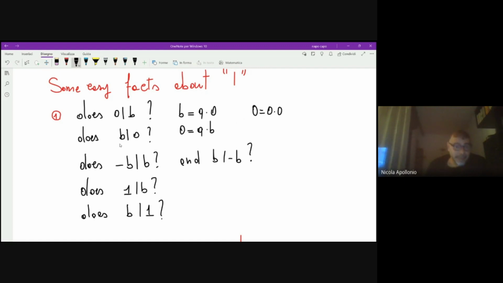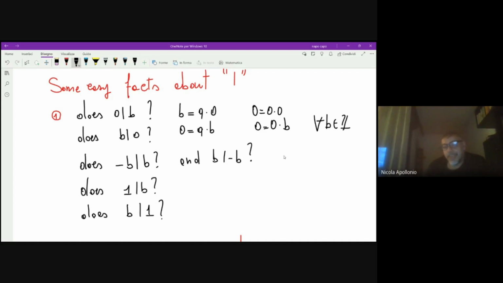So the other question is, is 0 a multiple of B? Yes, of course it is, because 0 is always equal to 0 times B for every integer B. Is minus B a multiple of B, and conversely, is B a multiple of minus B?